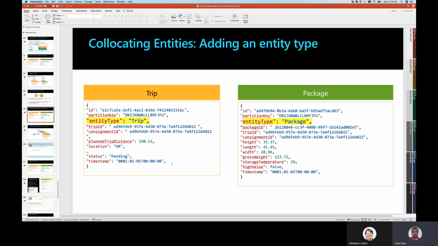For example, this is the trip, this is the package. One has entity type equal to trip, one has entity type equal to package. The partition key is the same, for example, the VIN number. For that VIN number, what are all the packages associated? What are all the trips associated? Consignments that are associated? All of that could be stored in one single container. And I will show you in the demo very soon how we do that.